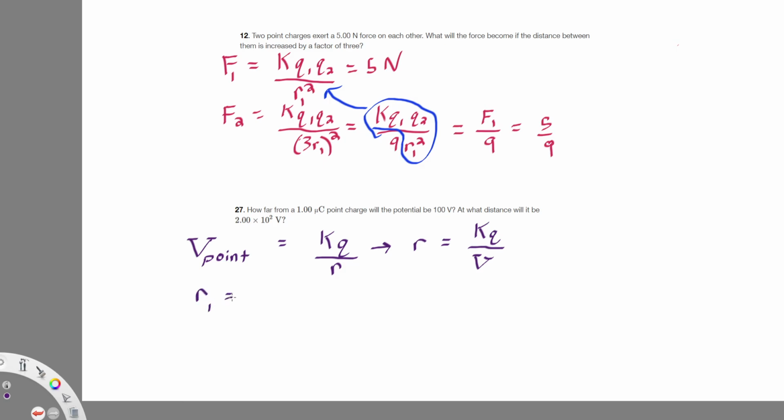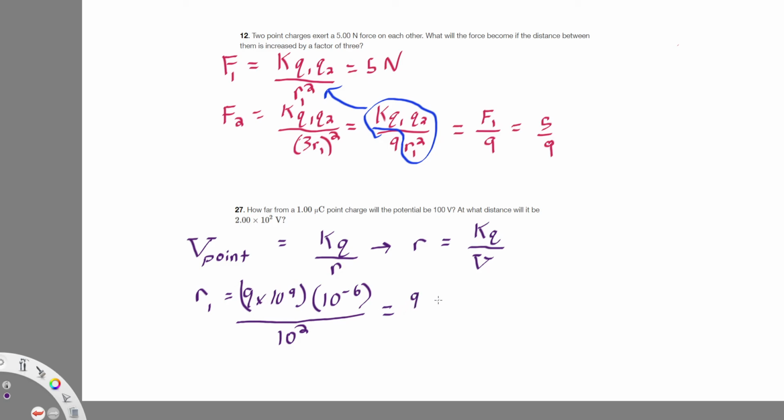So the first, when we're dealing with 100 volts, we can do a plug and chug from here. So K is 9 times 10 to the 9. The charge is 1 microcoulomb, so that's 10 to the minus 6 coulombs. And then we have 100 volts in the denominator, so that's 10 to the 2. The only thing that's not a power of 10 is this 9.